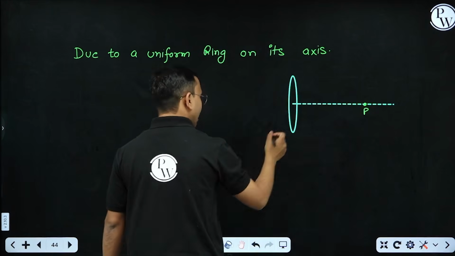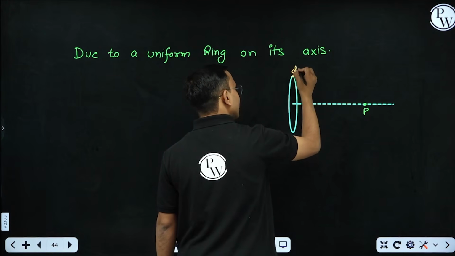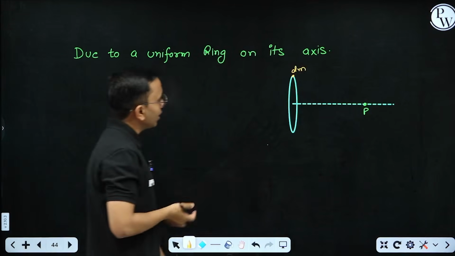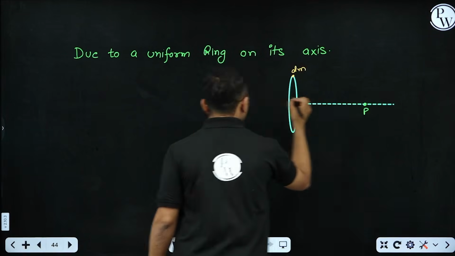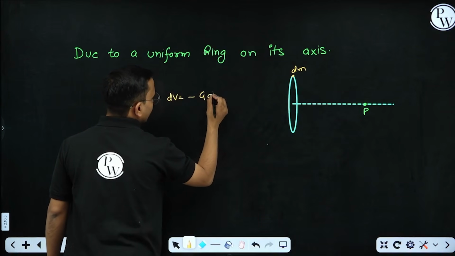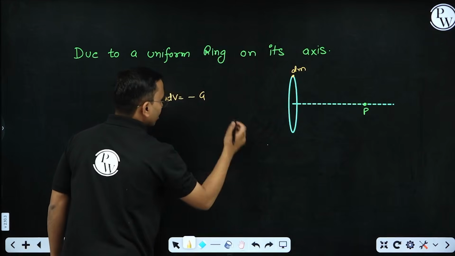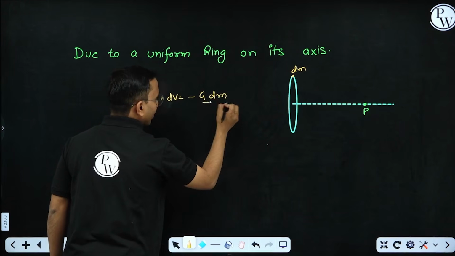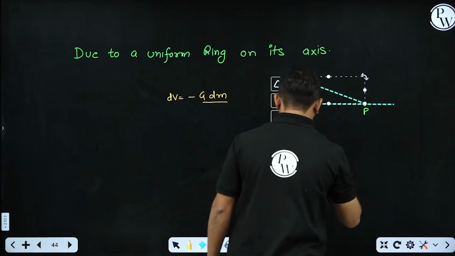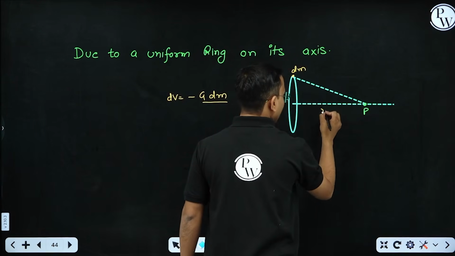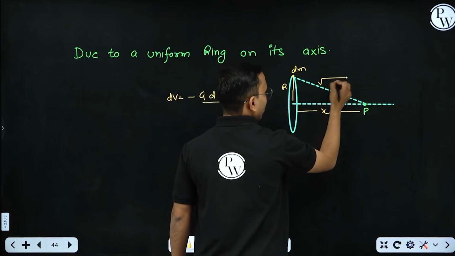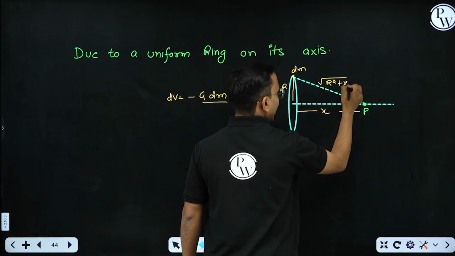If you consider any small mass dm there, this is scalar, so you don't need to take components and all those things. If I write potential due to this there, dV will be minus G dm divided by the distance. Which distance? This distance. How much is this? This is x, the radius was r, so this is root of r squared plus x squared.